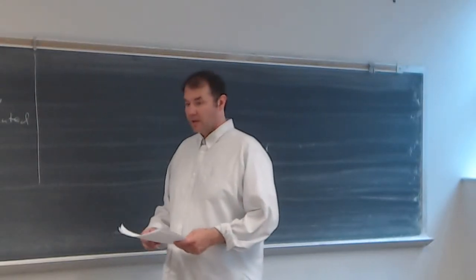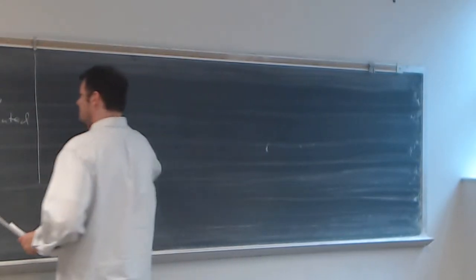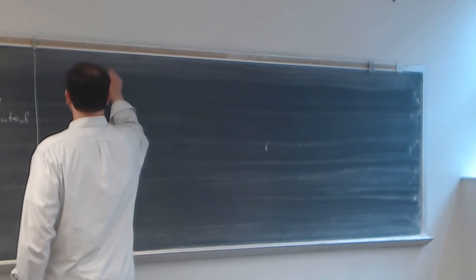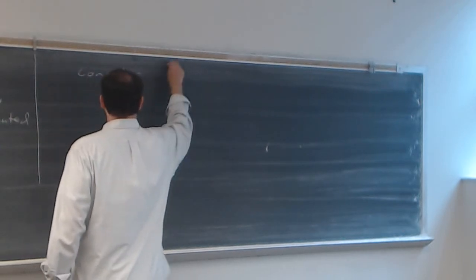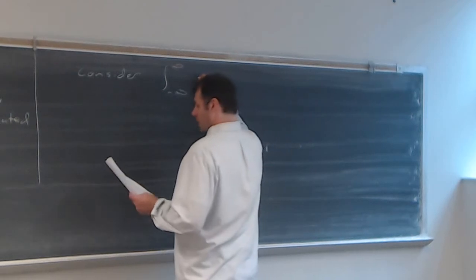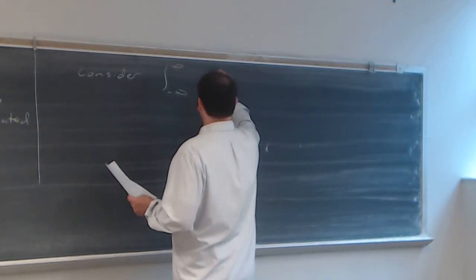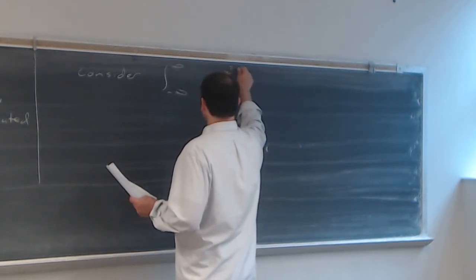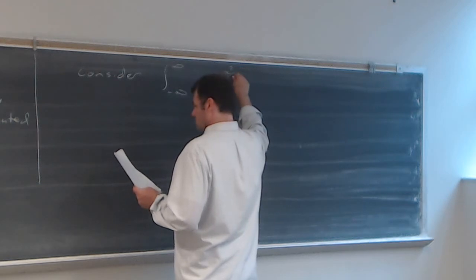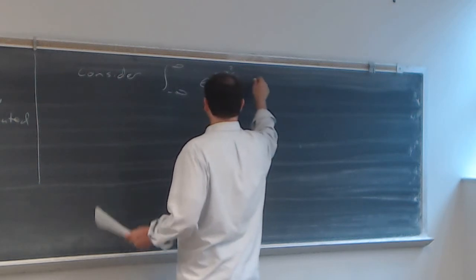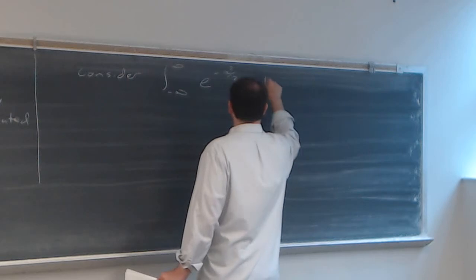To that end, let us examine the following. So consider the integral from minus infinity to infinity of just this part, e to the minus x squared over 2 dx.